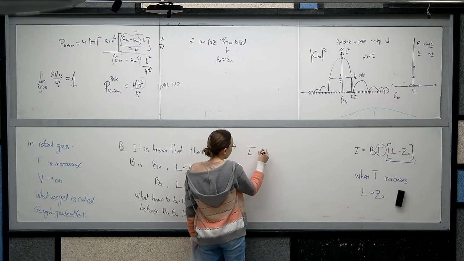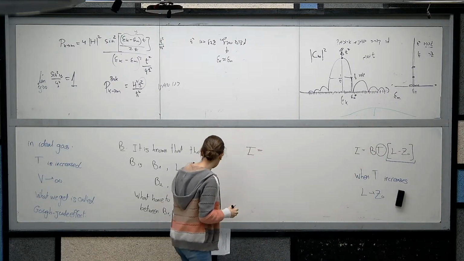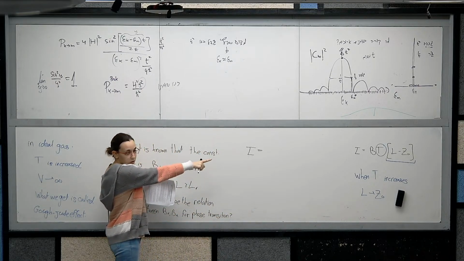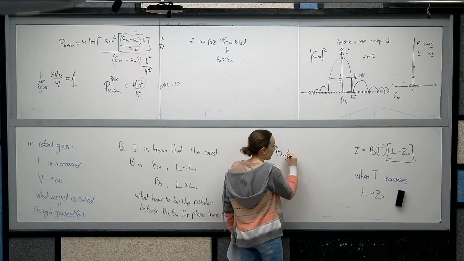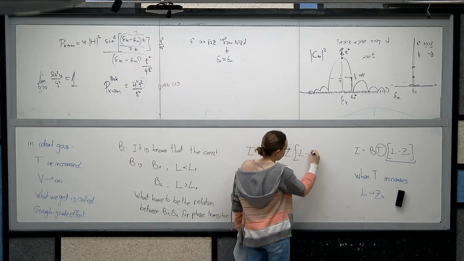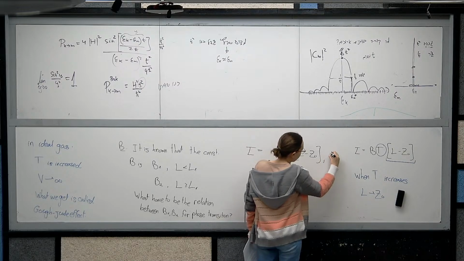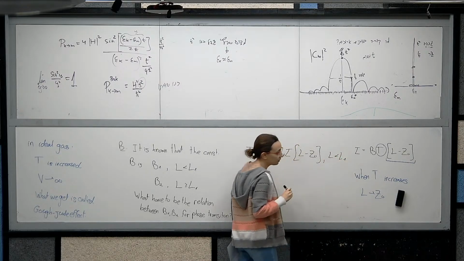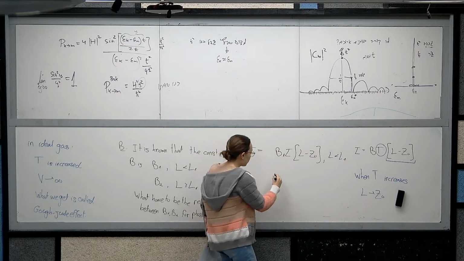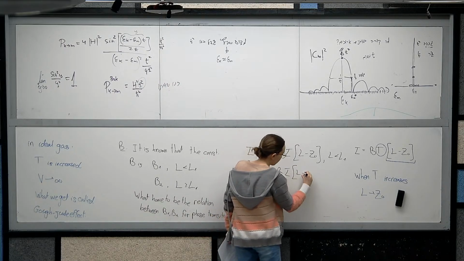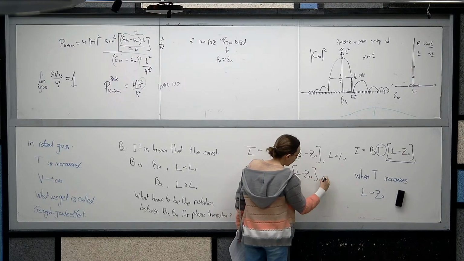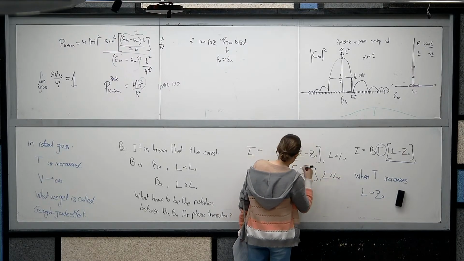So the tension of the system will be equal to B1 tau (L minus Z0) for lengths that are smaller than L1, and it will be equal to the same but with B2 for lengths that are greater than L1.